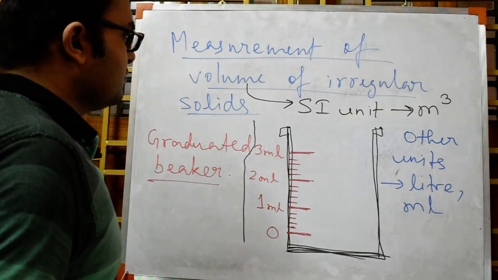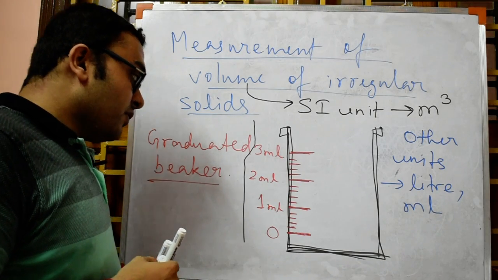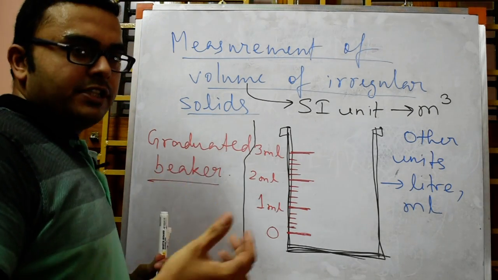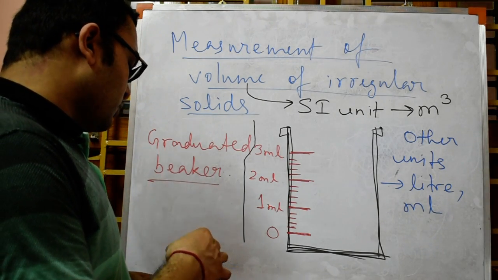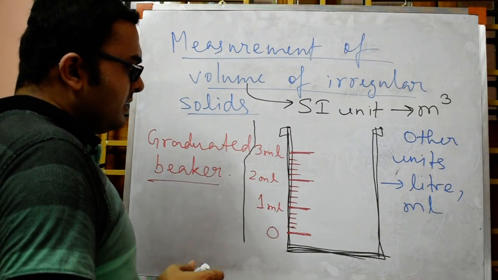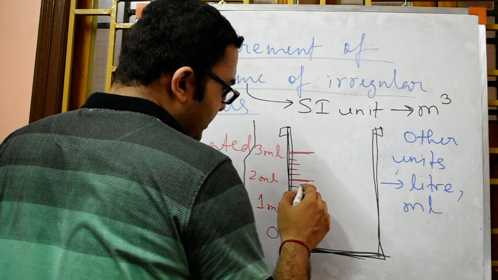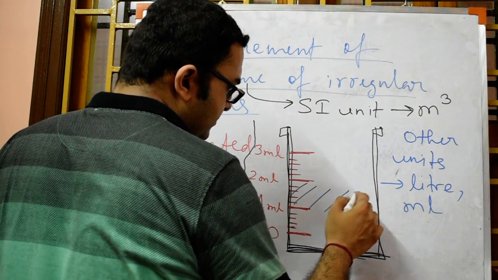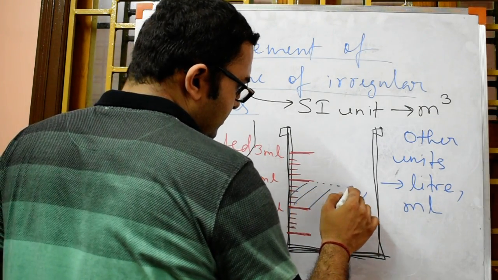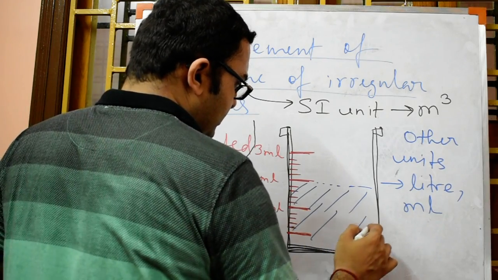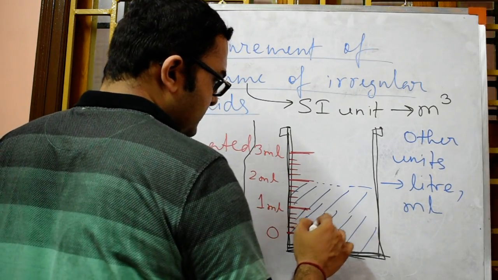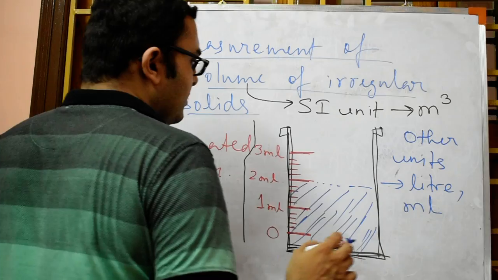Now when I pour water in this beaker up to the 2 milliliter mark, I pour water up to here, so this is water.